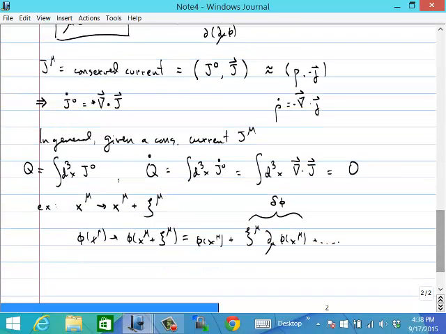Now, how does the Lagrangian change under this translation? The Lagrangian, of course, is also a function of x mu.